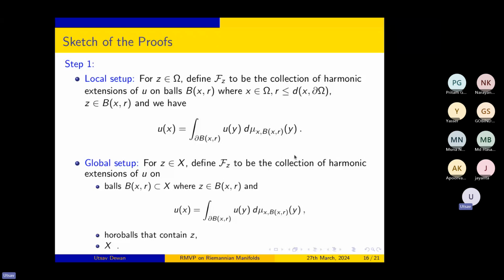And what our result says is that for each z, one can find some h in F_z such that the supremum is attained at that point. And similarly for W, the infimum is attained at that point. And u is squeezed between V and W. All of this follows from the application of concentration of harmonic measures and convergence of Poisson integrals. So we have got hold of this V and W, and u is between them.